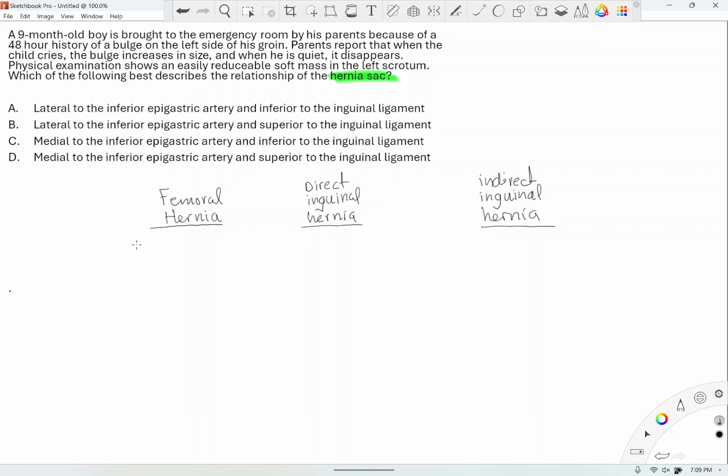Femoral hernia is easier for me, so I will just focus on the F. Femoral hernia is common in females. The hernia sac goes through the femoral canal.